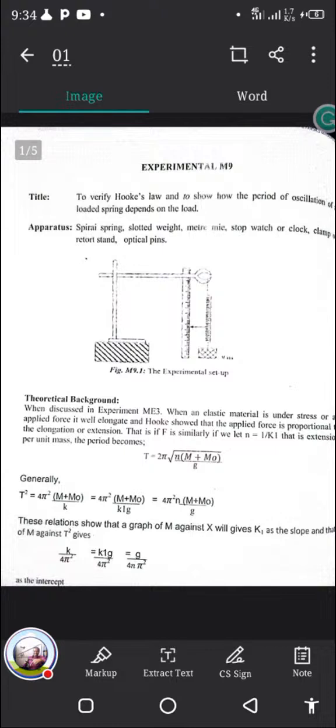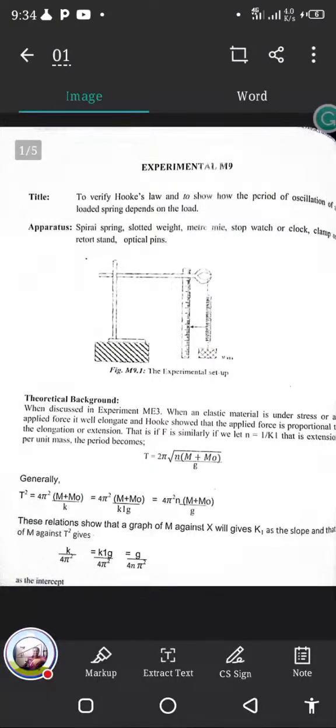If you look at the theoretical background, it is very important, and that's why you are always encouraged to go through your practical manual before going to the lab. The theoretical background is that you must know what Hooke's law holds, and then the application is exactly what we are trying to demonstrate in this experiment.